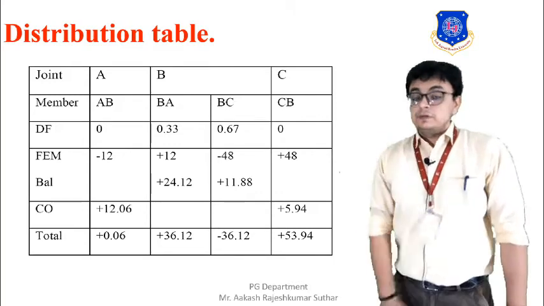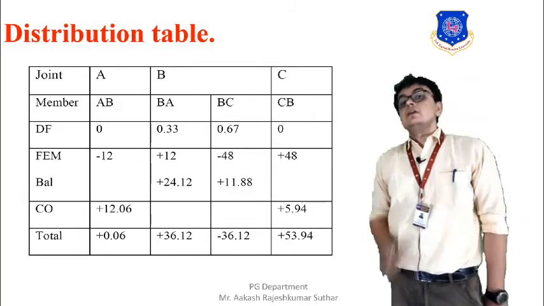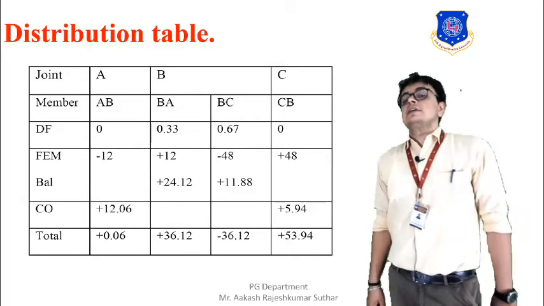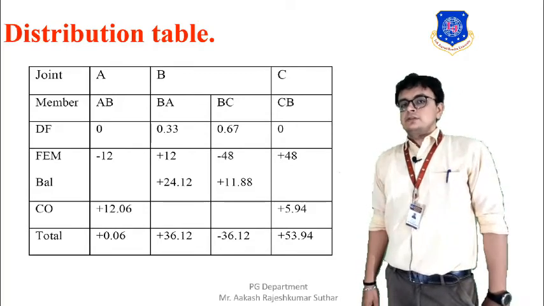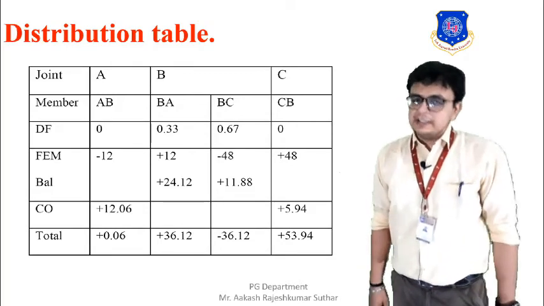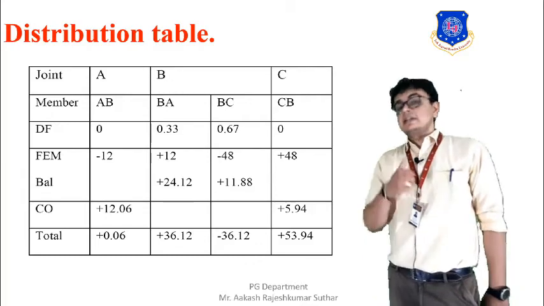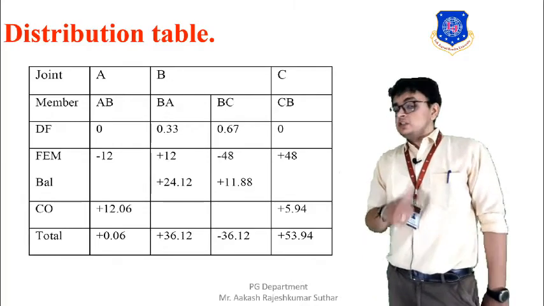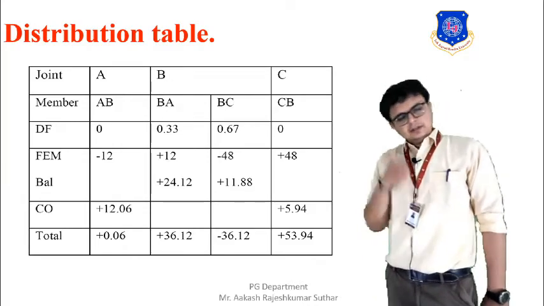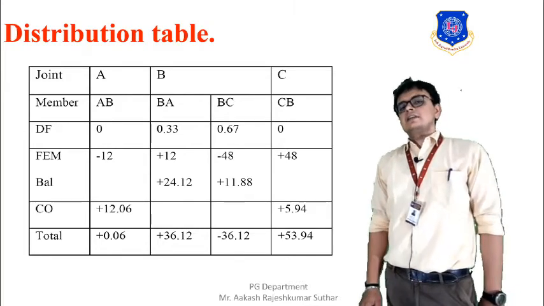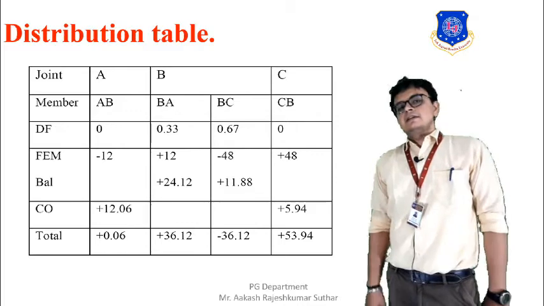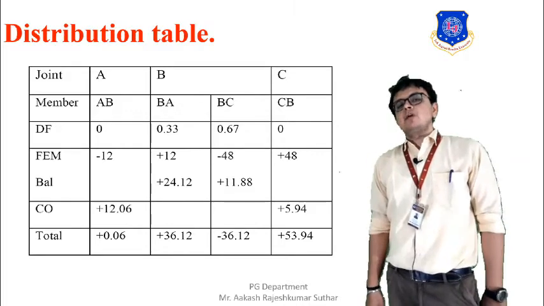We found the stiffness factors, which were further helpful in finding the distribution factors. All the things which we did in the just previous session will be used in this session for the calculation, and here we will be preparing the moment distribution table.